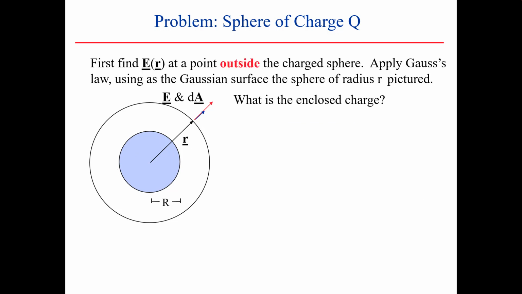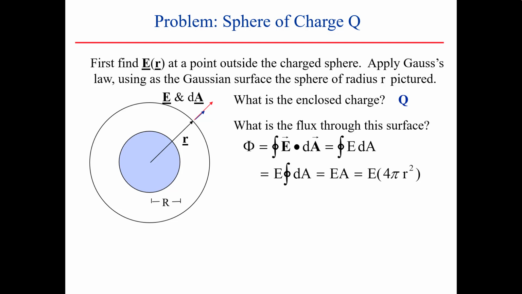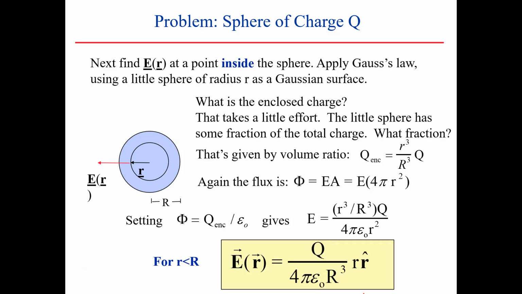So, for R greater than R, for any point outside the sphere, your electric field is equal to 1 over 4 pi epsilon naught Q over R squared. And for points inside the sphere, you have 1 over 4 pi epsilon naught Q R over R cubed. Okay? So, we have solved this, class.